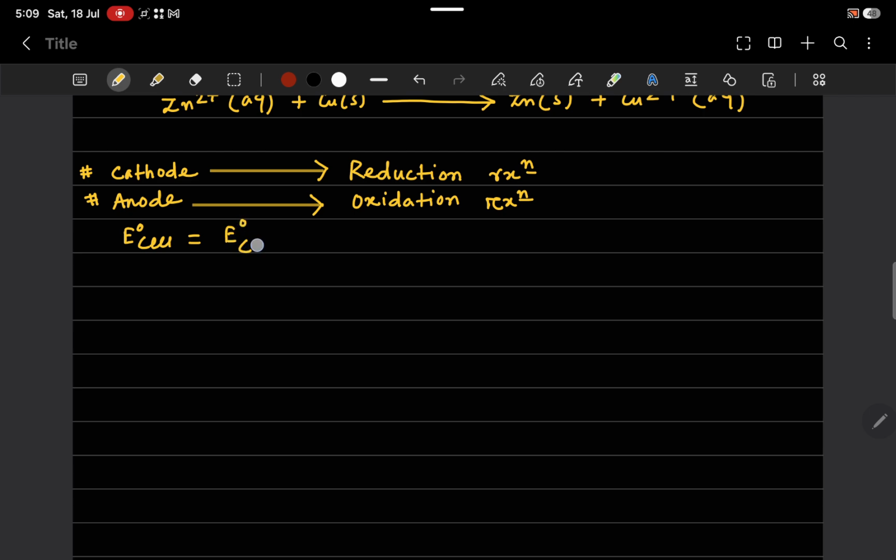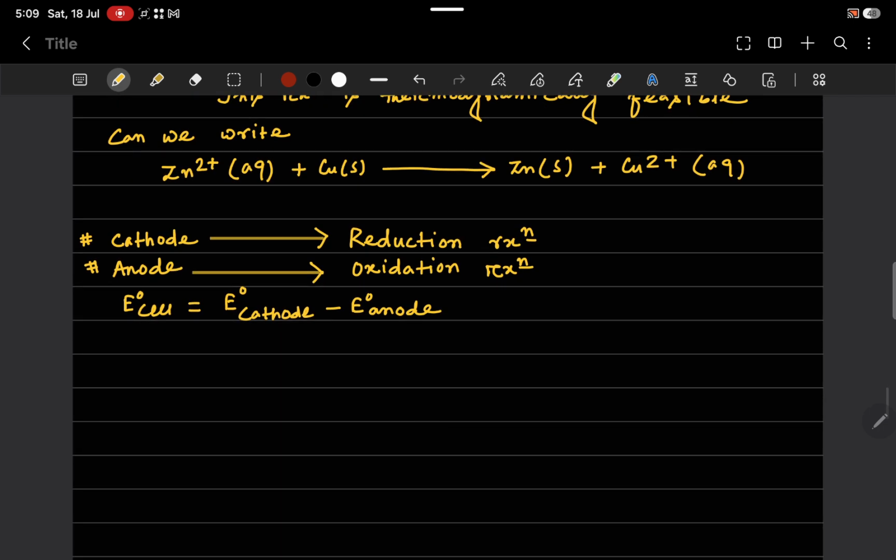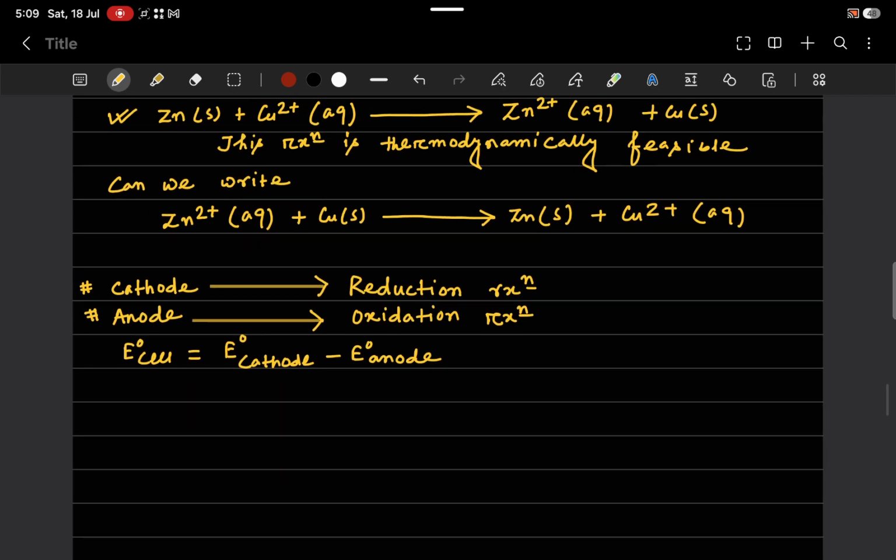When we write E0 cell, always we have to write E0 cathode minus E0 anode. Now let us try to verify whether this reaction is thermodynamically feasible.